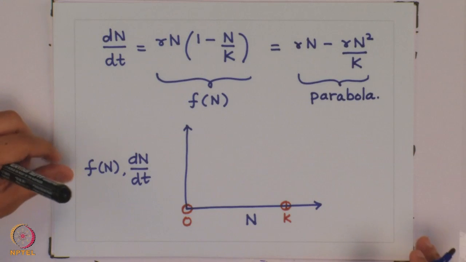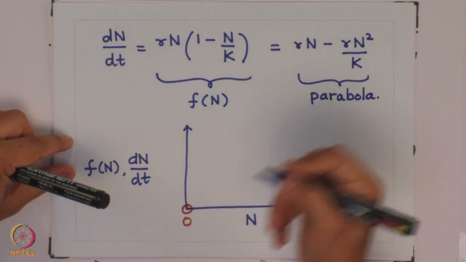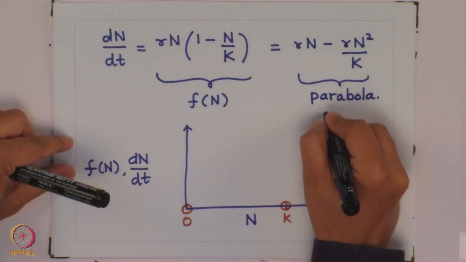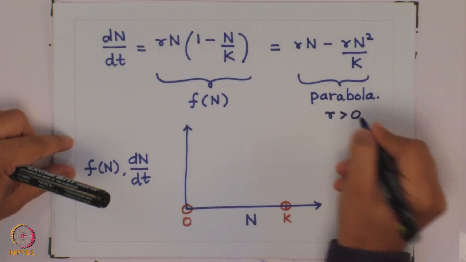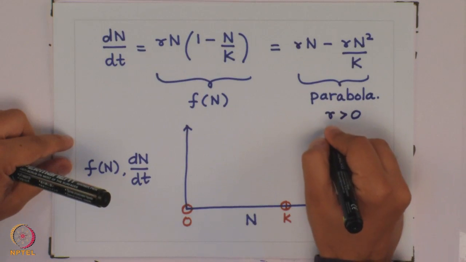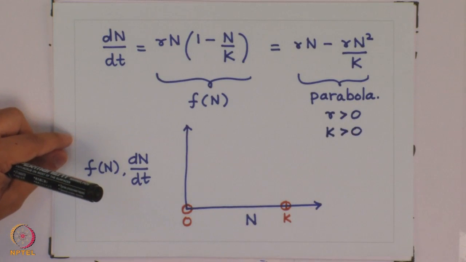Because of the system that I am trying to model, this biological setup only makes sense if r is greater than 0, which is the growth rate, because negative growth rate would not make any sense, and K, the carrying capacity of the environment, also has to be greater than 0. Negative carrying capacity again does not make any biological sense in the context that we are defining this equation.